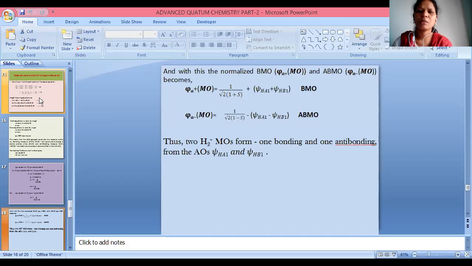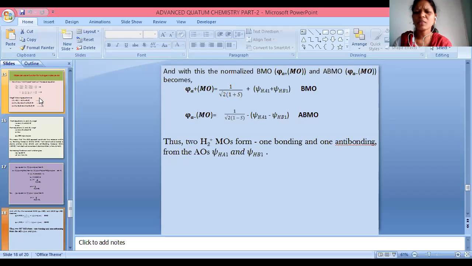Bonding molecular orbital is equal to 1 divided by square root of 2 into (1 plus S), that is the C plus value, times psi of Ha1 plus psi of Hb1. Similarly, anti-bonding molecular orbital is equal to 1 by square root of 2 into (1 minus S), times psi of Ha1 minus psi of Hb1.